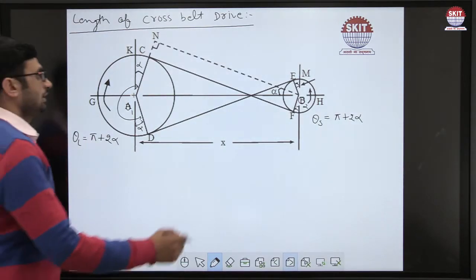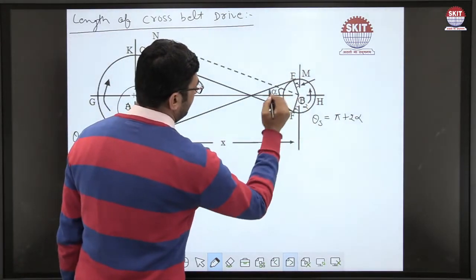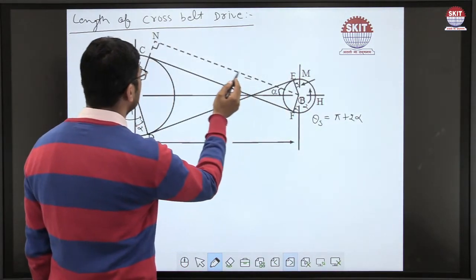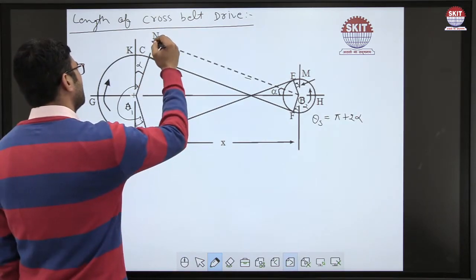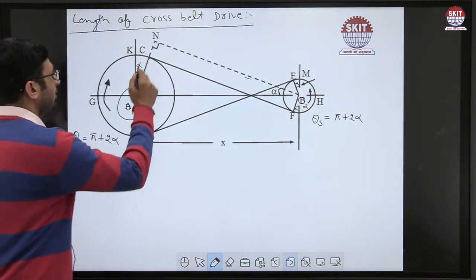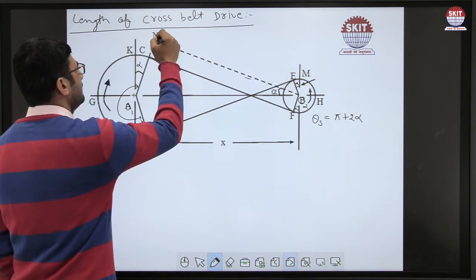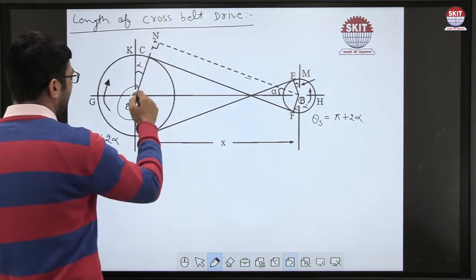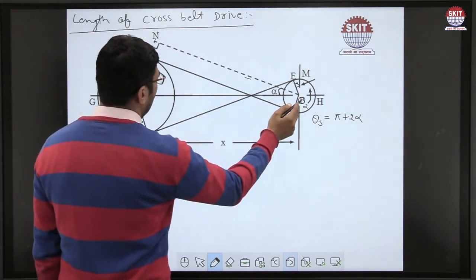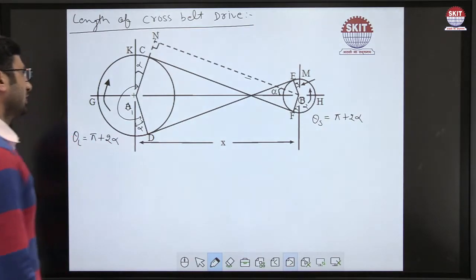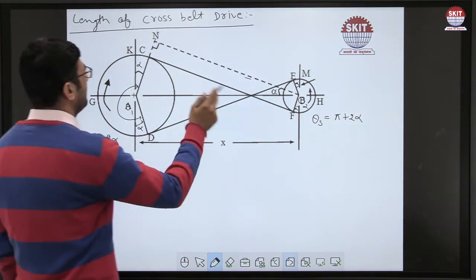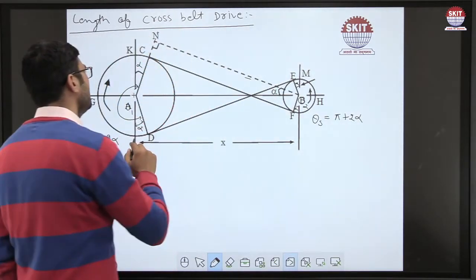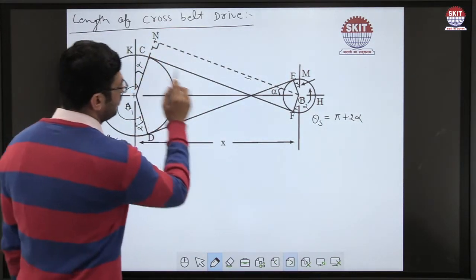Now in this we draw the same parallel line from O2 and intersect the line O1C, which is extended, at point N. And now triangle O1, O2 and N is used to find the value of alpha and the value of O2N, I mean CF value.